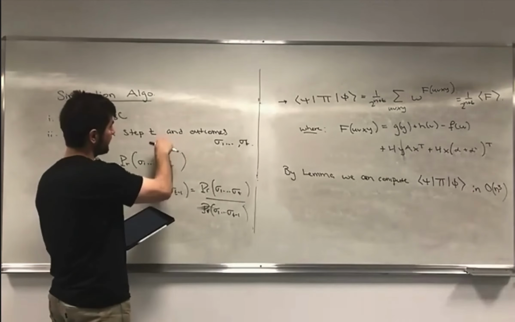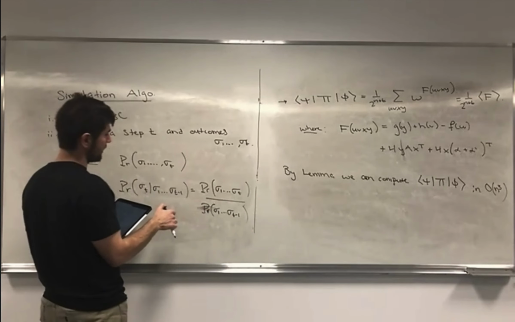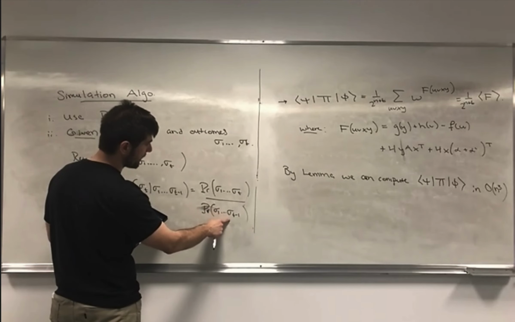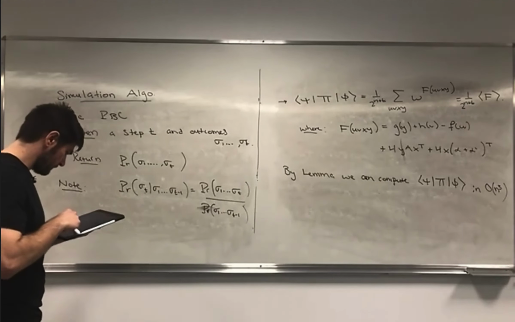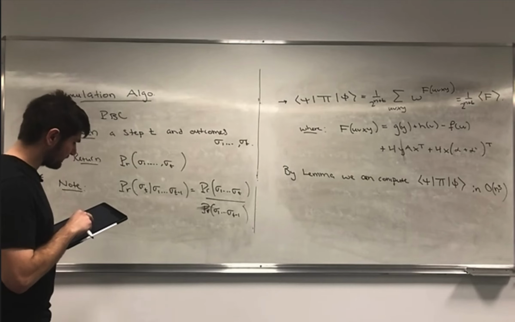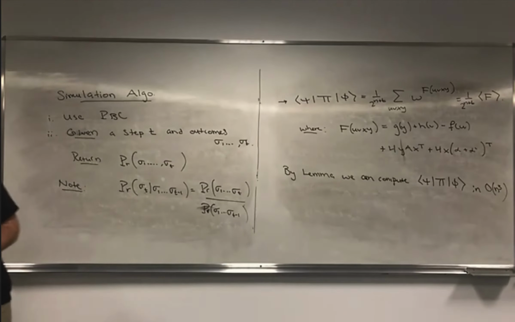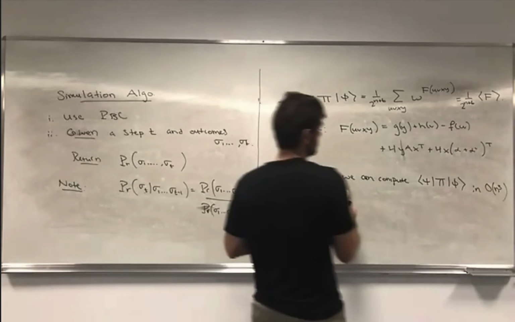Basically, if we run this algorithm twice with up to t minus 1 on the second time, we can also get conditional probabilities as well. So now let's figure out how to actually get the runtime that I promised.